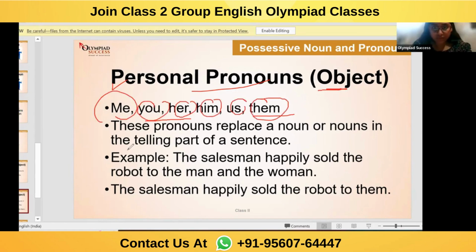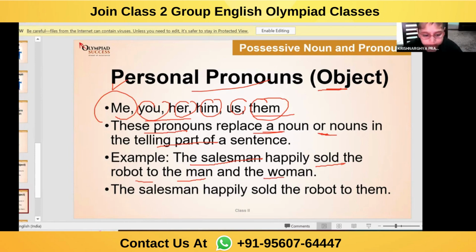Personal pronouns, object: me, you, her, him, us, them. These pronouns replace a noun or nouns in the telling part of a sentence. For example, the salesman happily sold the robot to the man and the woman. The salesman happily sold the robot to them. See, them is the personal pronoun object.